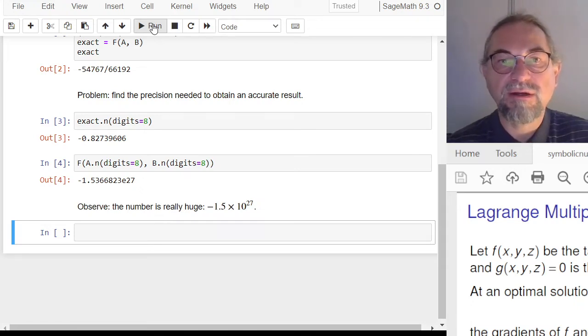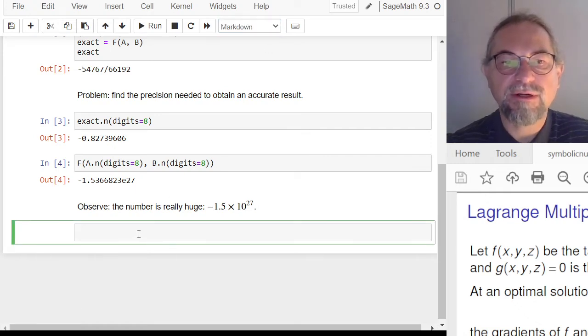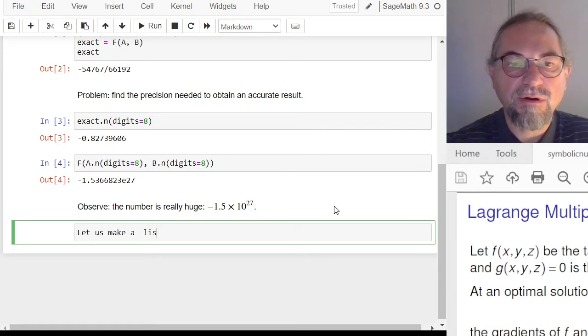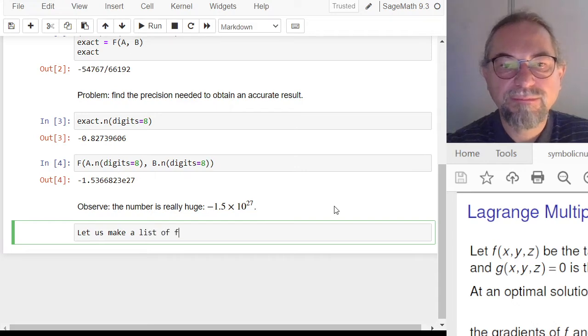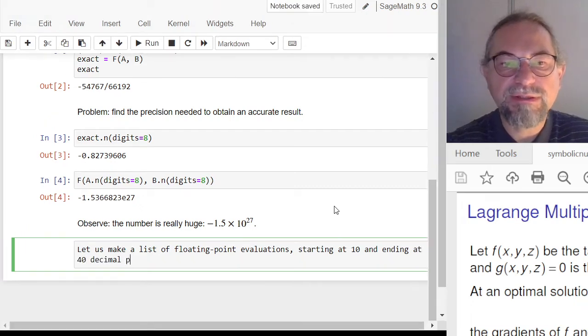So what can we do then? Well, let me make a list now. We started at 8. So let us make a list of floating point evaluations starting at 10 and ending at 40 decimal places.